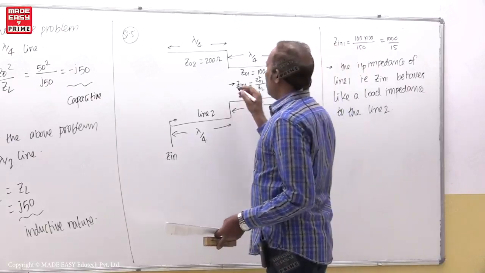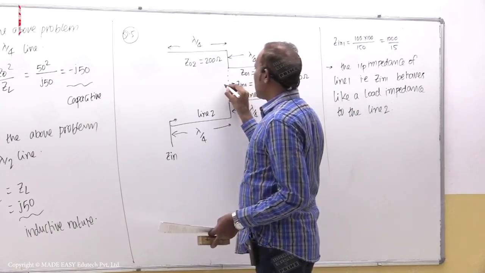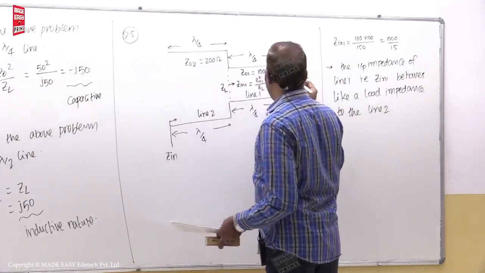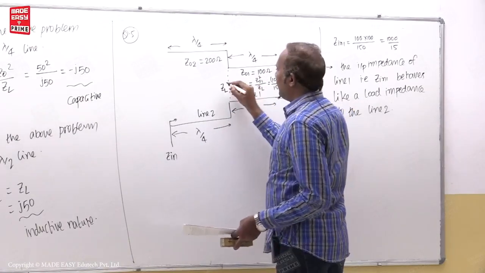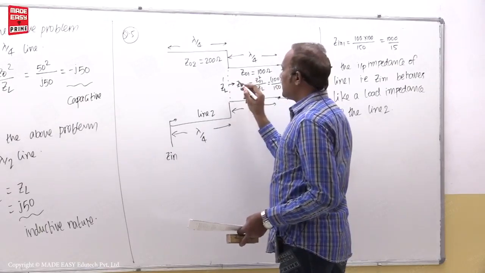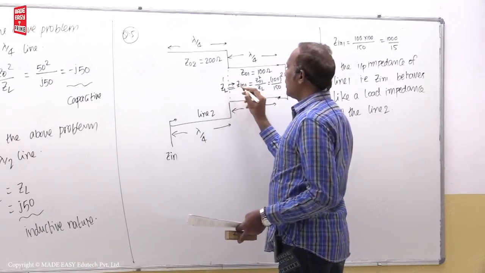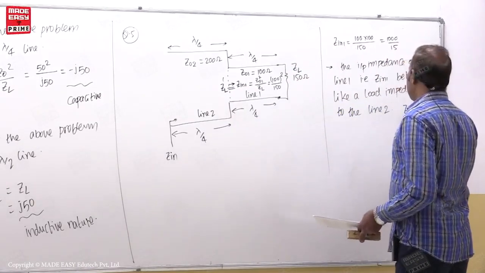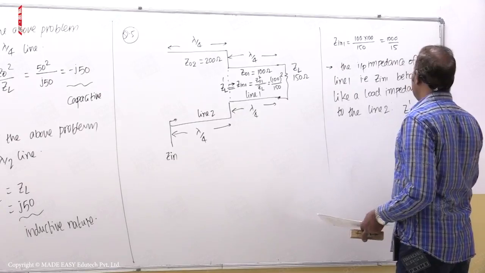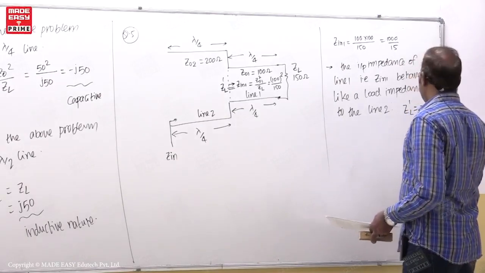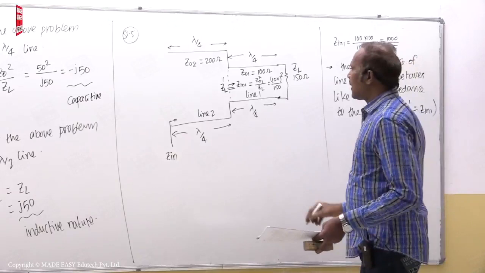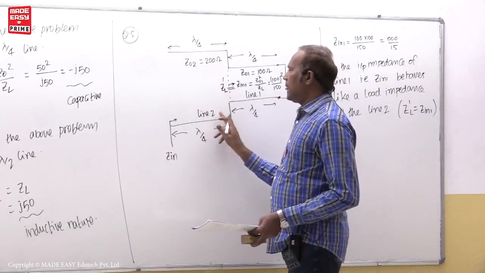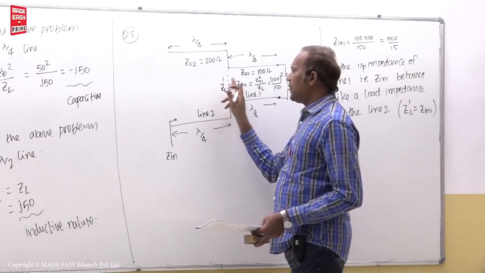So now for this transmission line ZL, I have taken this as a ZL and I will take this as a ZL dash. This ZL dash is equal to the Zin of first line. So I called this impedance as ZL. The load impedance of this line, lambda by 4 line, I am calling it as ZL dash.